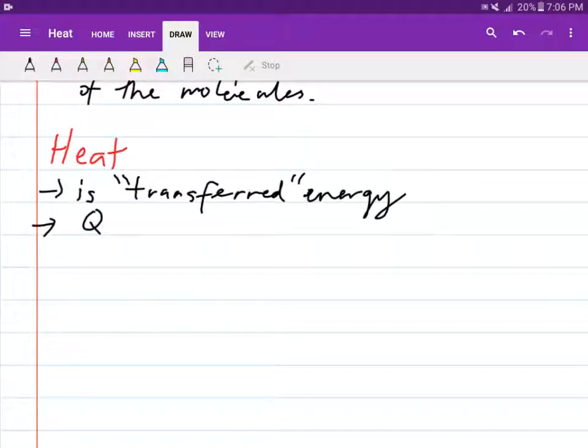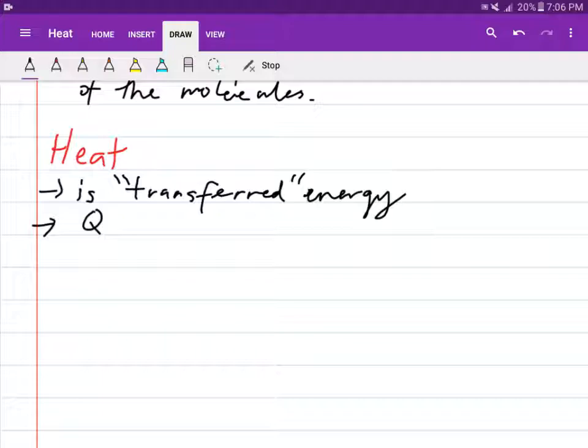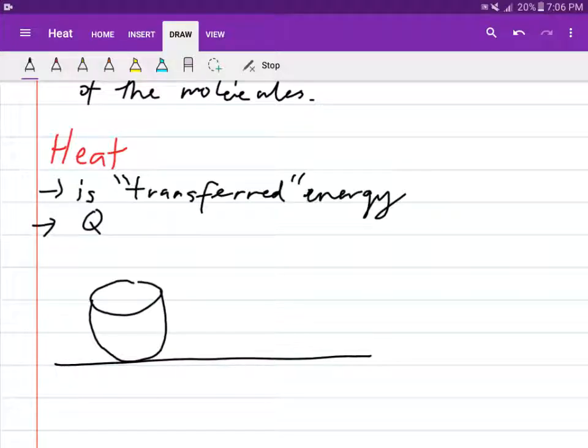So what does it mean for heat to be a transferred energy? For example, we have here a system of a hot coffee and an iced tea, a cold iced tea.